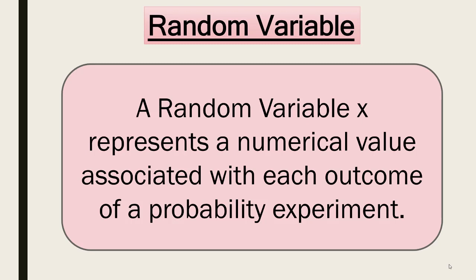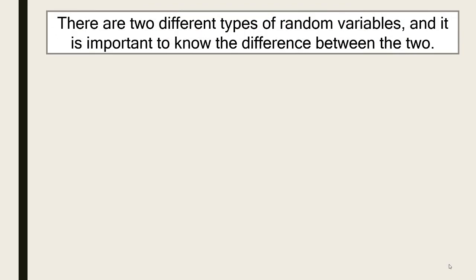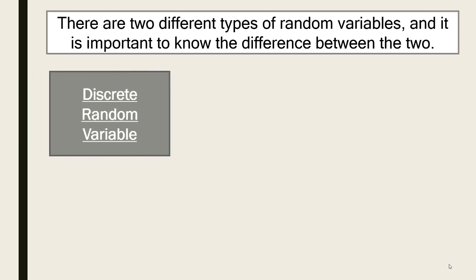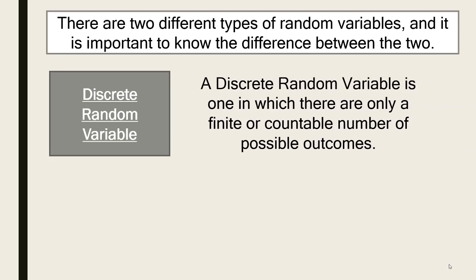When we talk about these random variables, they break down into two different types, and you have to be able to tell the difference between the two. The first type is a discrete random variable, one in which there are only a finite or countable number of possible outcomes.